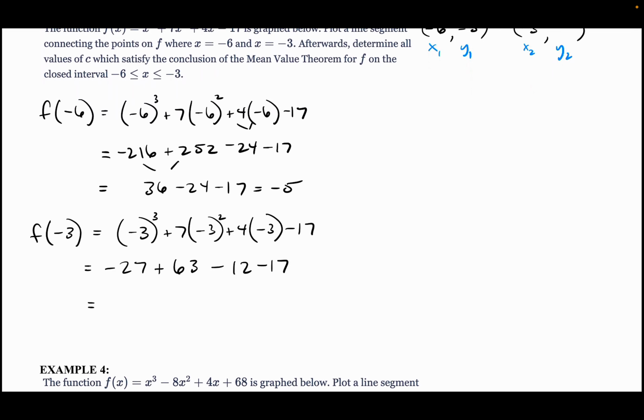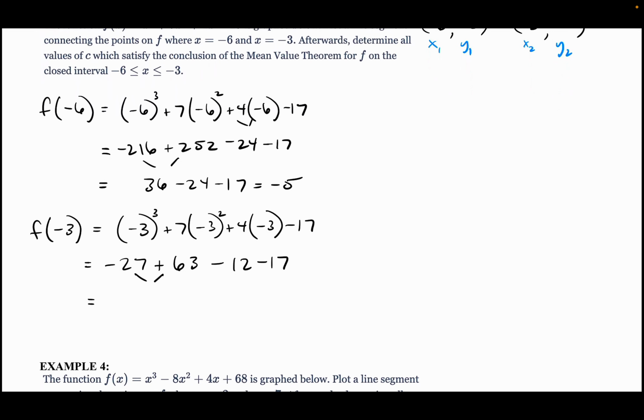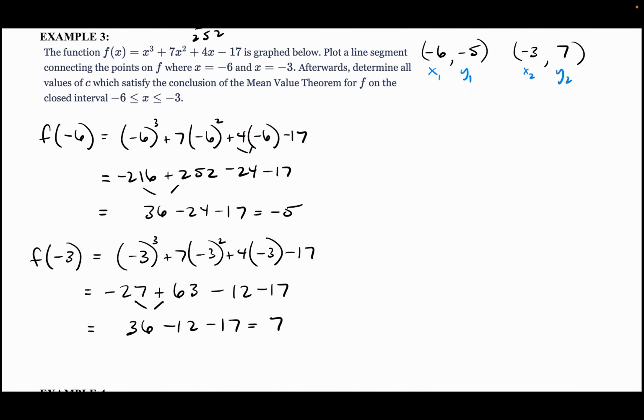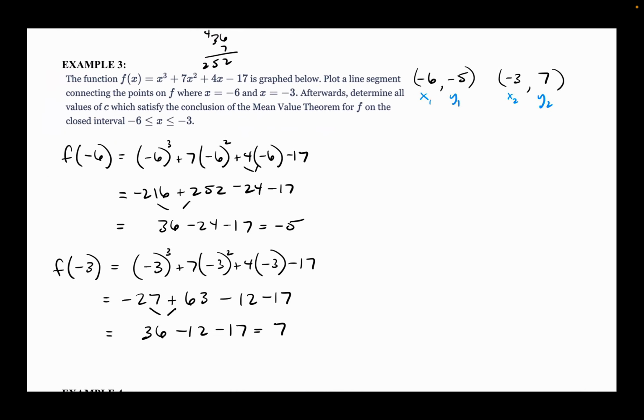So you're going to get 36 minus 12 minus 17. 24 minus 17 is 7. Okay, slope.